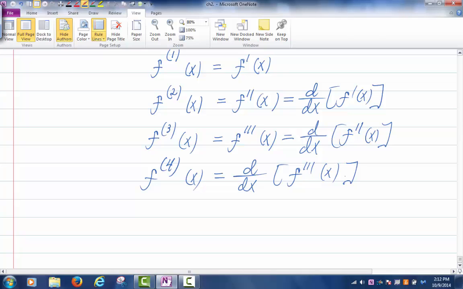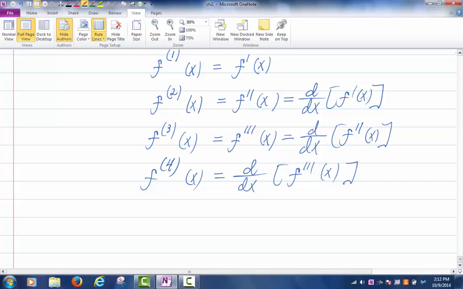So basically we have the first order derivative is just the derivative. Second order derivative means it's the derivative of the derivative. Third order derivative is the derivative of the second order derivative. Fourth order derivative is the derivative of the third order derivative. And you can continue in this way. Fifth order, 99th order derivative of a function.